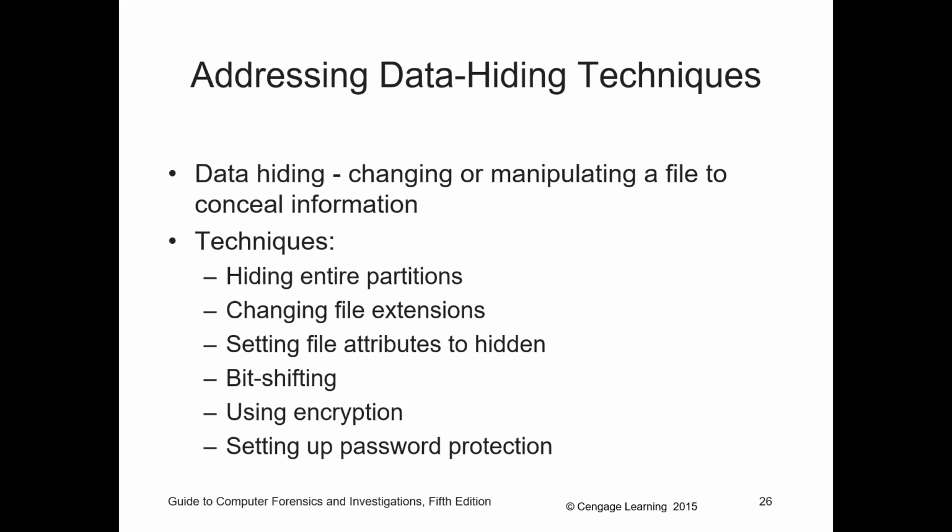3, setting file attributes to hidden. When you right click a folder or a file, you select hide. That means once you hide it in its attributes, that is it. You can't see this file anymore. So setting our file attributes to hidden will always hide it as well. The 4th data hiding technique is using bit shifting. Once you shift a few bits from one place to the other around, the file will be distorted and you can't open it again. 5, using encryption.